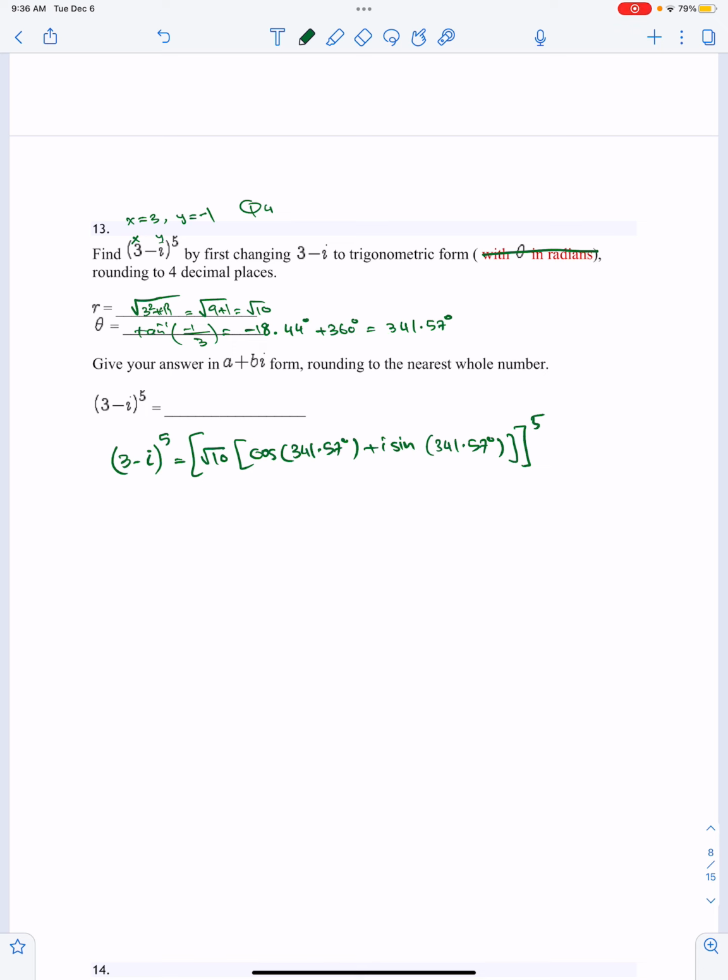According to Binomial, this is equal to square root of 10 raised to the fifth power times cosine 5 times 341.57 degrees. We multiply the power with the argument, plus i sine 5 times 341.57 degrees. Okay.